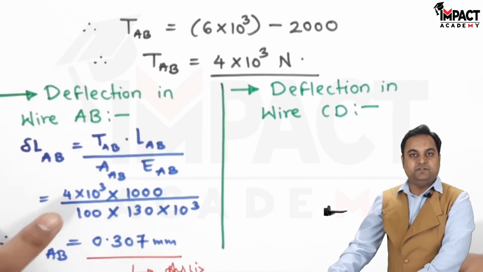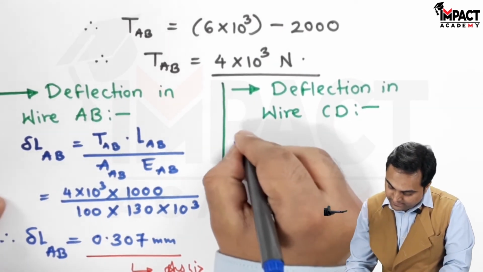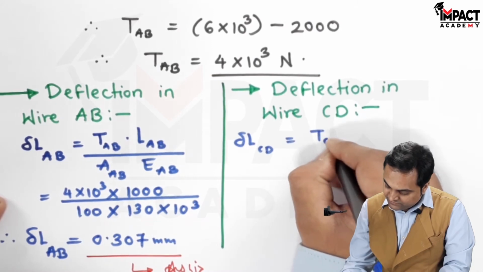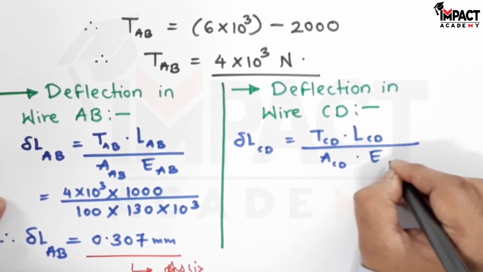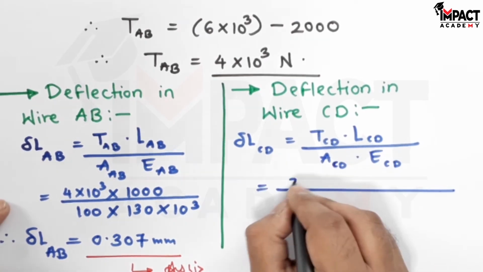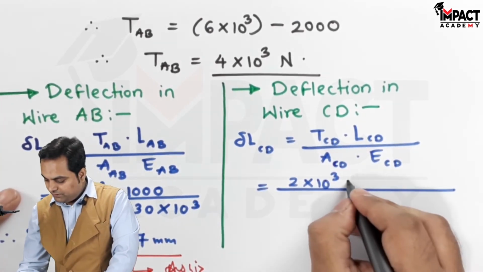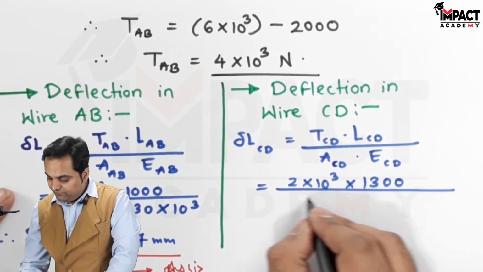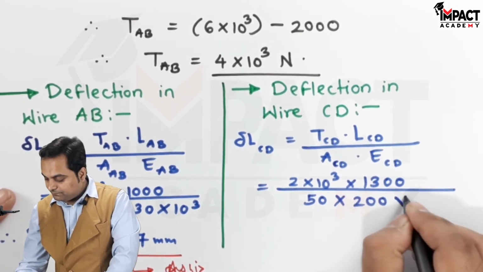That's the first answer. Similarly, I would be calculating for CD, deflection in CD. The force is TCD, which is the tension. TCD is 2000, that is 2 into 10 raised to 3. Length we had calculated 1300. Area is 50. Young's modulus 200 into 10 raised to 3.